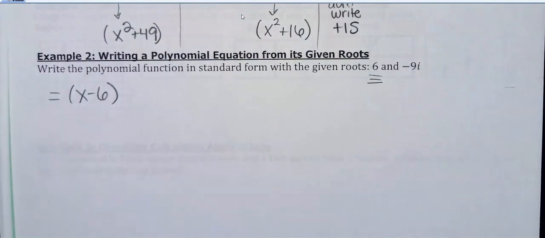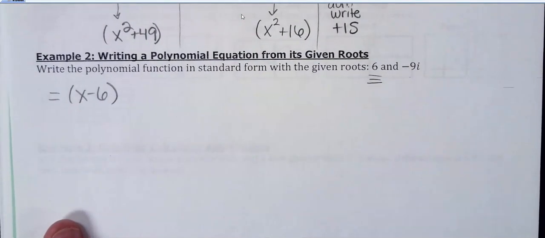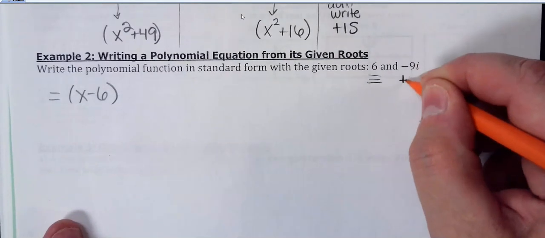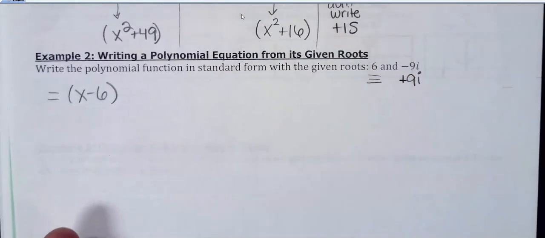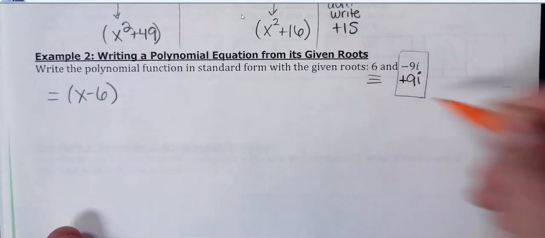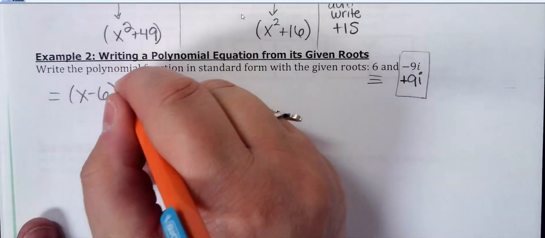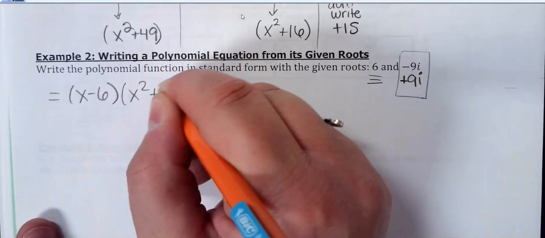Just a plain number, don't write -6. Now, if -9i is an answer, automatically, because that's got an i with it, its conjugate, plus 9i, would also be an answer. Could you look at these two, and because there's 2 of them, it would be a quadratic factor. Perfect, x squared plus 81.